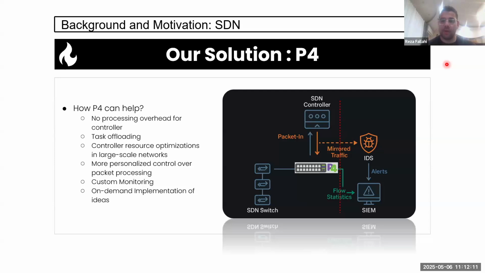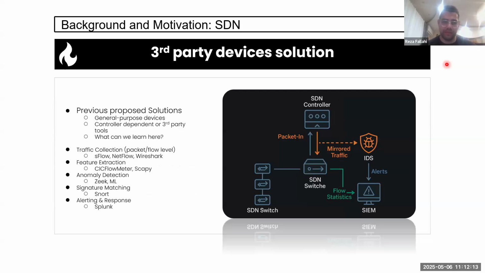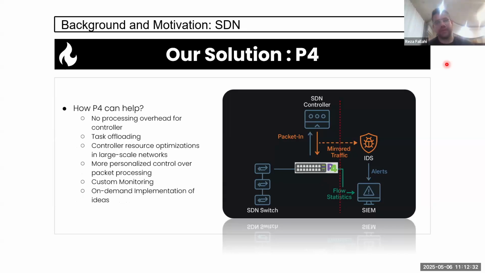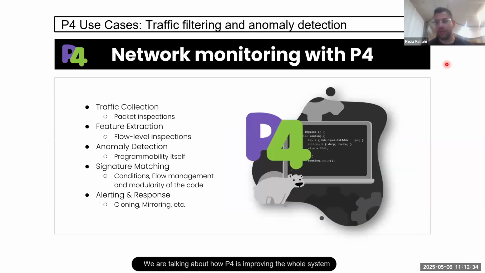Okay, so in this slide, as you've noticed, I've categorized the type of tasks that will be used by these type of systems. For example, traffic collection, feature extraction, detection of anomalies, signatures of attacks, these type of things. In this section, I'm trying to bring out the features.